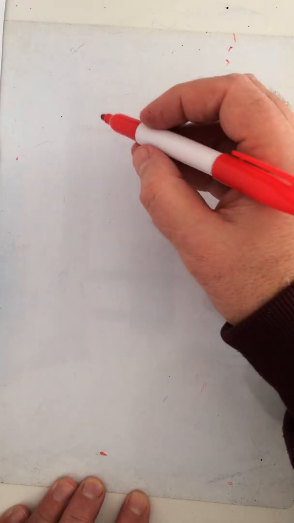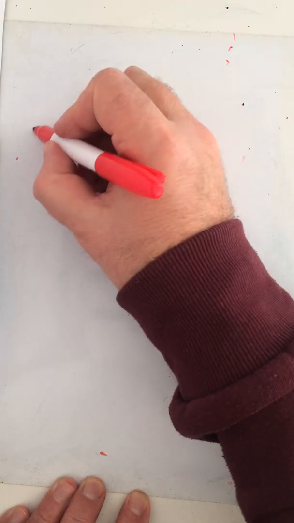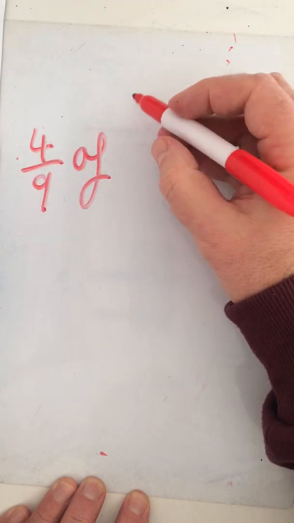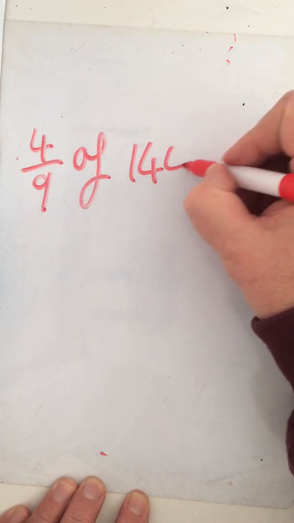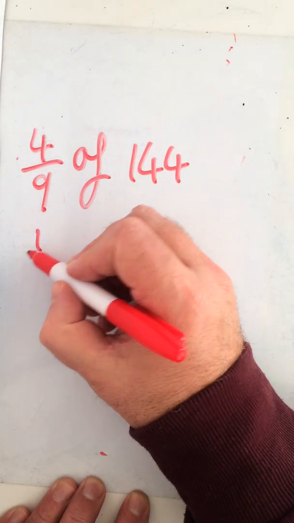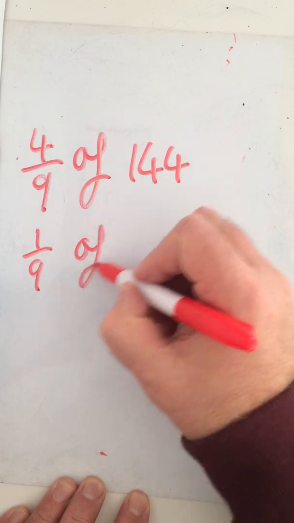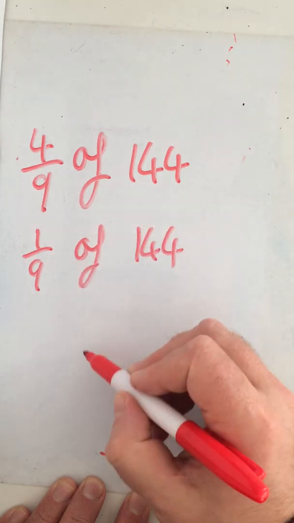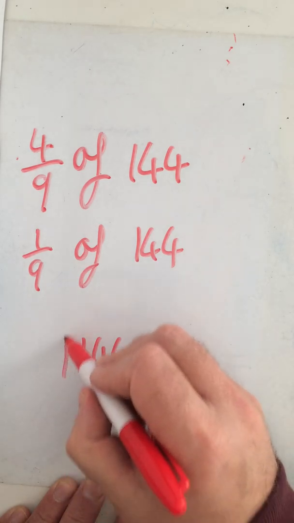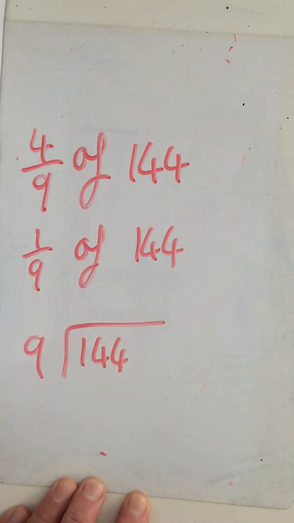Okay, just one more practice one. Let's do 4/9 of 144. Again, we have to find 1/9 of 144, so that becomes 144 divided by 9.